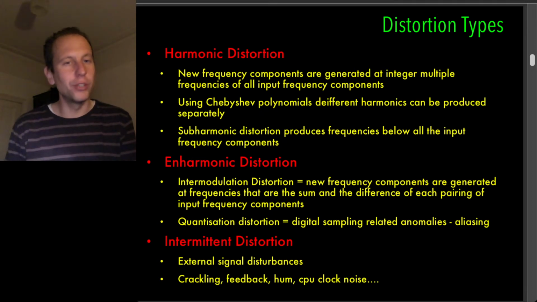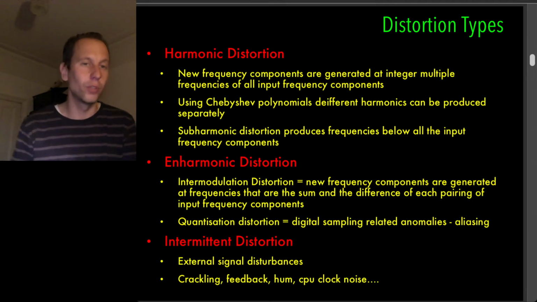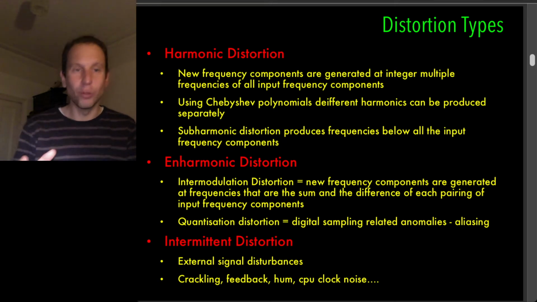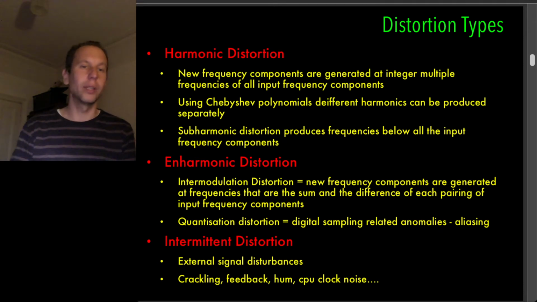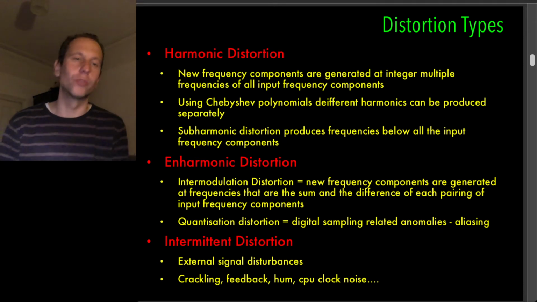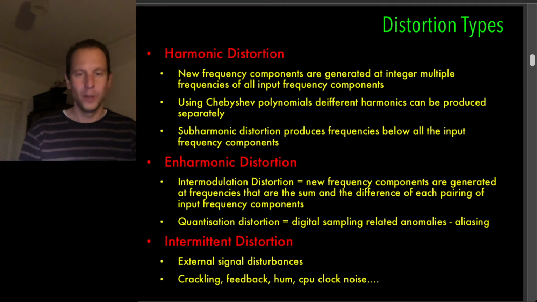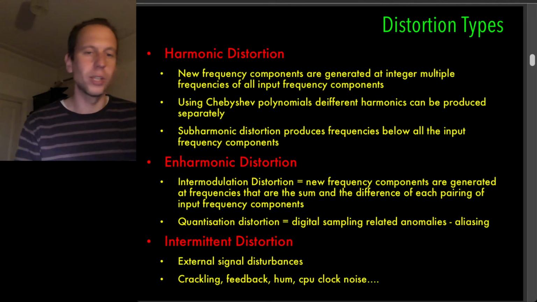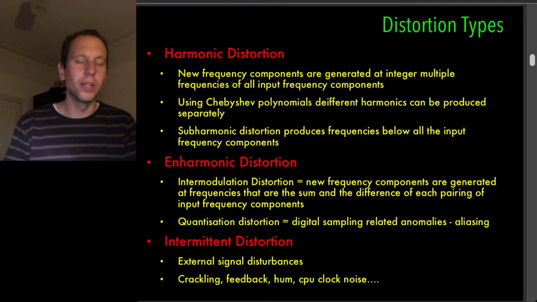But with intermodulation distortion, you observe it only if you send two sine waves through your process, because then you can observe, okay, I have the A frequency, the B frequency, you will get A plus B frequency, A minus B frequency, and you will get higher order intermodulation components, so 2A plus B, A plus 2B, 2A minus B, 2B minus A. So they spread out quite a bit, depending on the process.